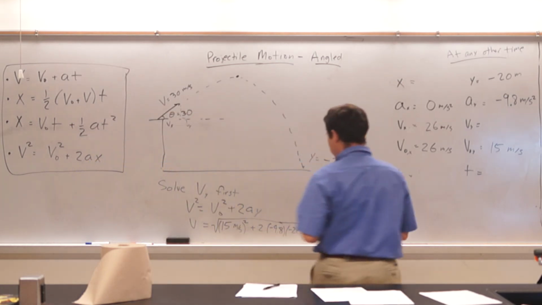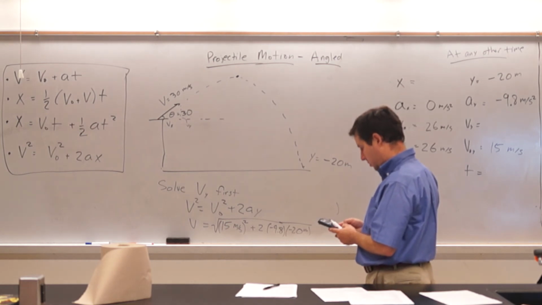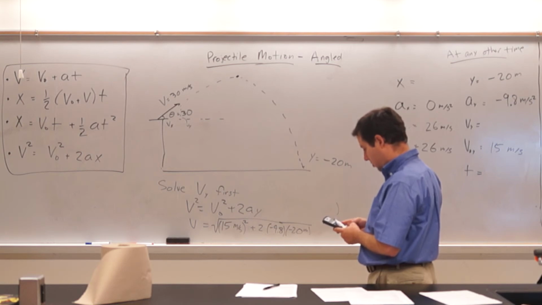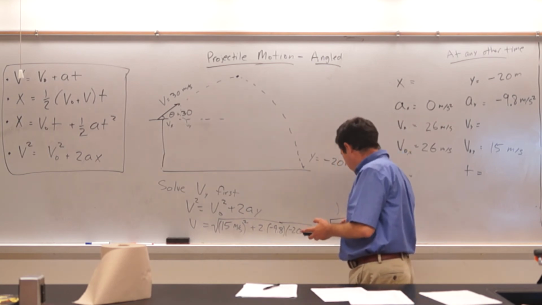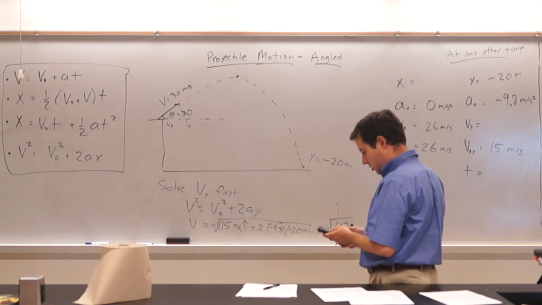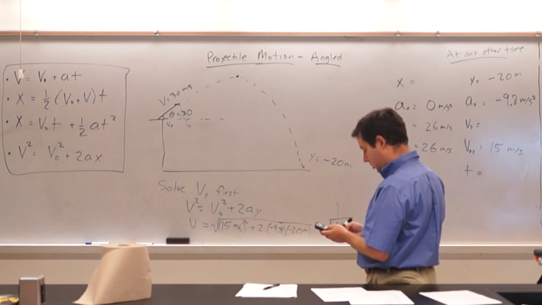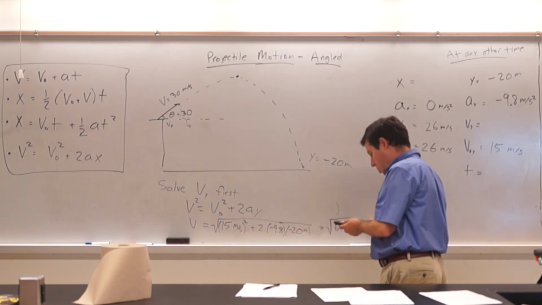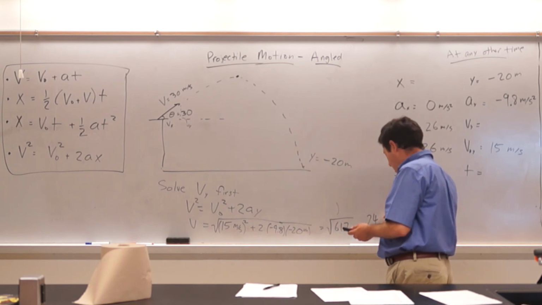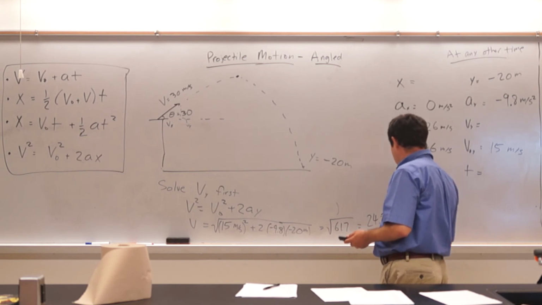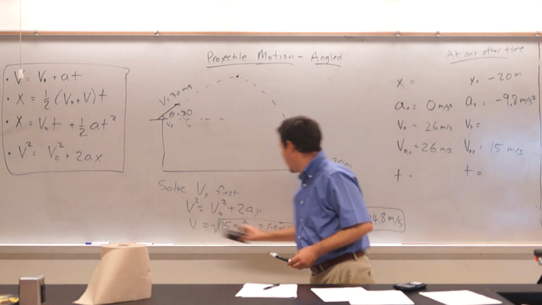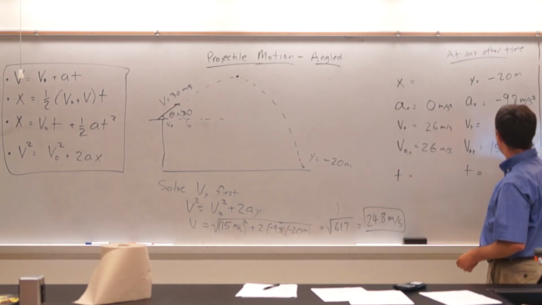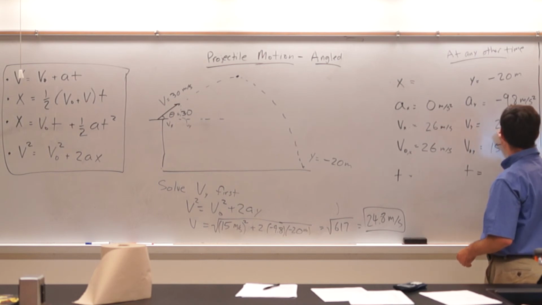And you put that into your calculator. 15 squared plus 2 times. So that's the square root of 617, assuming I did the math correctly. Or 24.8 meters per second. So your velocity is now, when it hits, 24.8 meters per second.